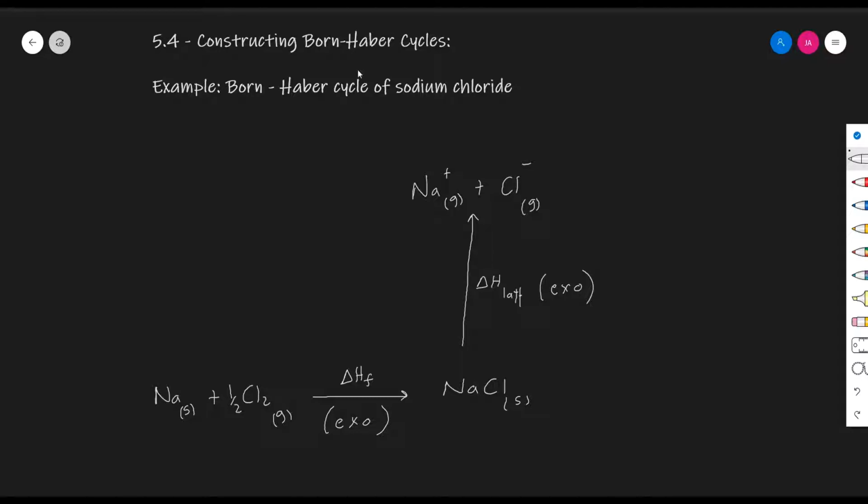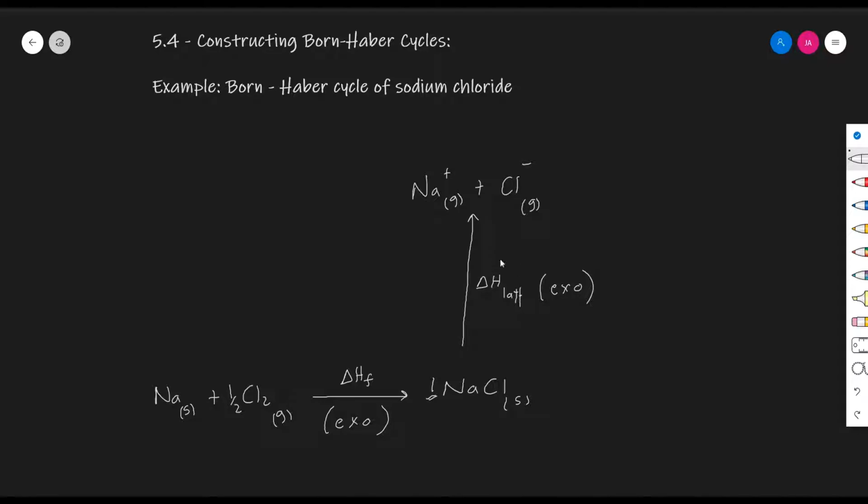The first thing you should do to construct a Born-Haber cycle is to list the formula of your ionic solid as I stated over here, and you would always list it as 1 mole of an ionic compound.